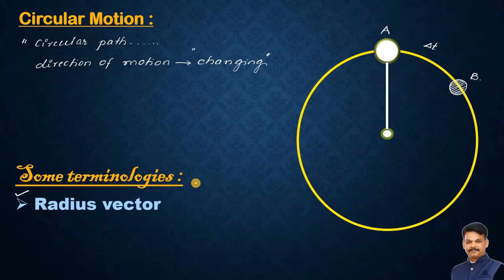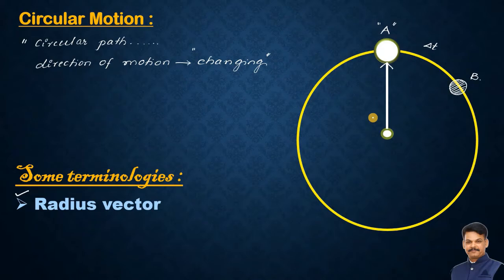So at one particular instant of time, if the object is present at point A, then its position with respect to center, if we measure that distance in that particular direction, then it is called the radius vector. Just like how the position vector is taken in case of a plane. Recall what we have learnt in the previous classes.